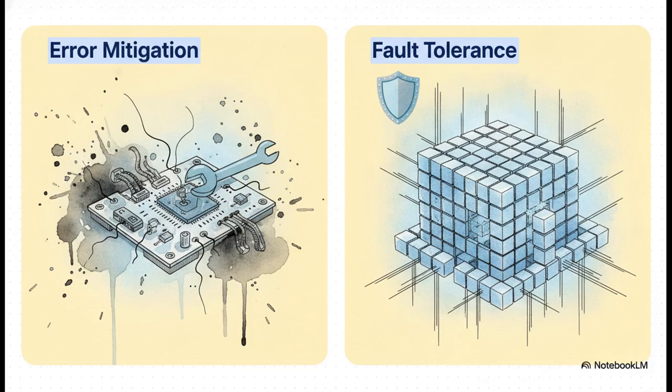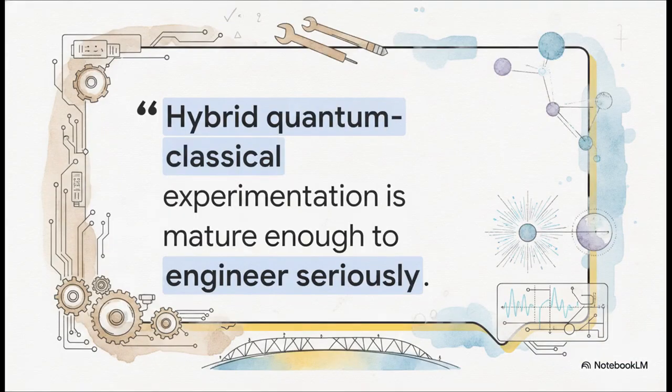That uses logical qubits, protected by complex quantum error-correcting codes. It demands massive hardware overhead, often thousands of physical qubits to make just one perfect logical qubit. Fault tolerance is required for large-scale algorithms like Shor's, but it's important to remember that it's not what you're programming on today's cloud platforms.